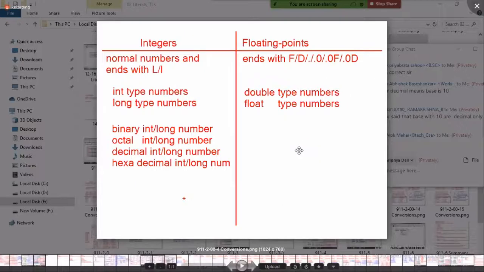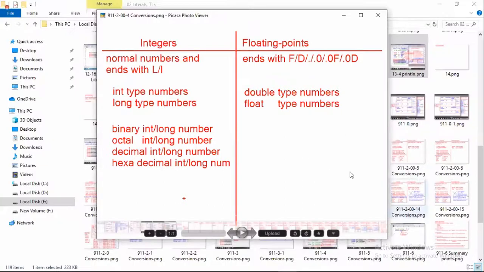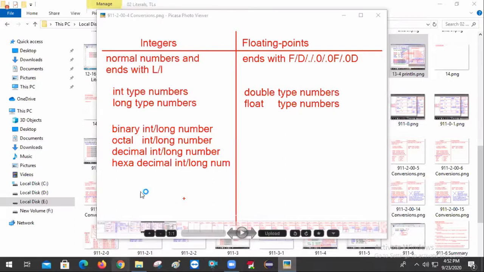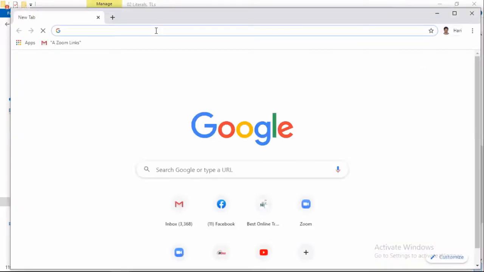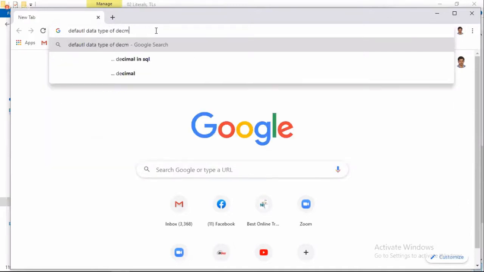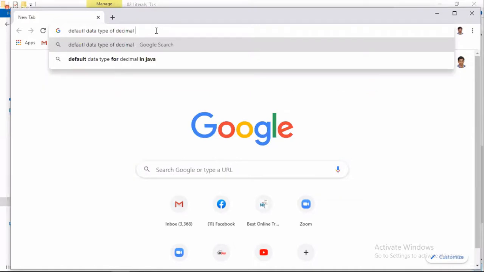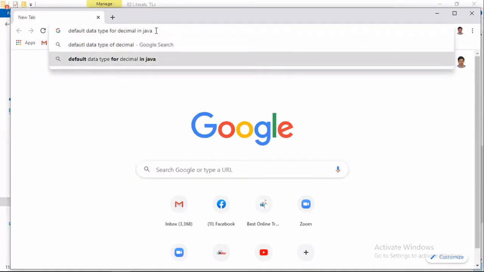If it is a face-to-face round question, it's okay. If it is an objective round question, then we will be screwed. Let me type that question: default data type of decimal number, data type for decimal in Java.